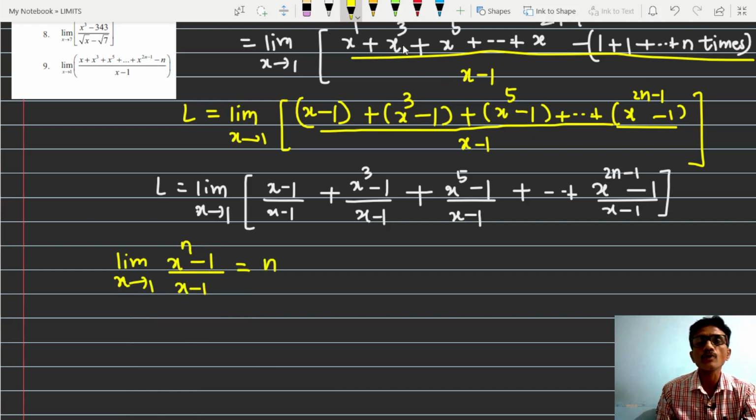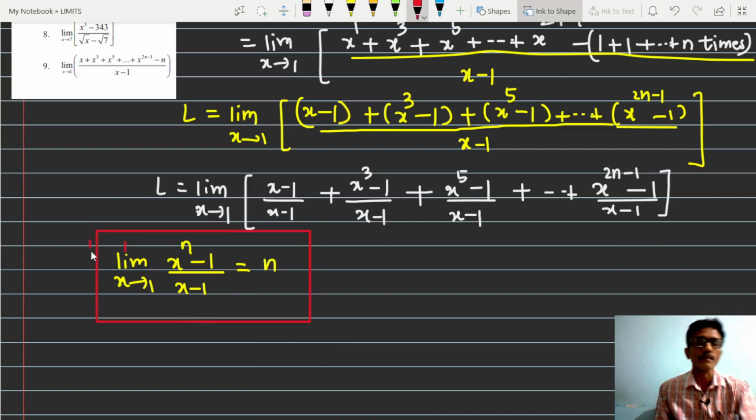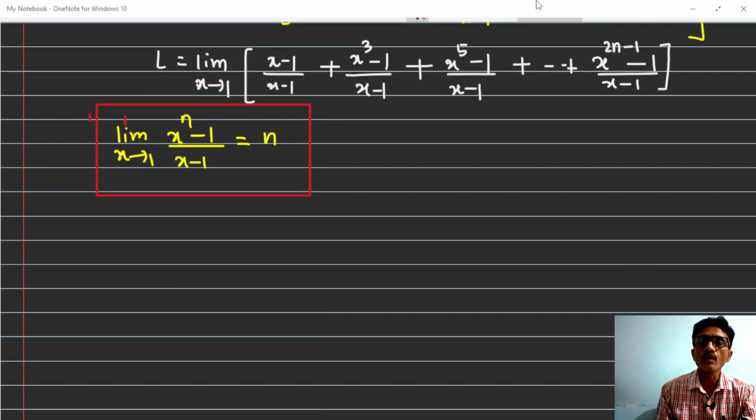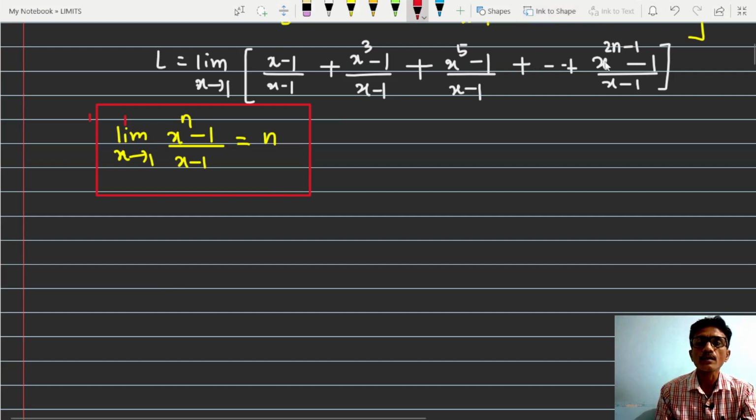N. So always keep in mind this limit. यहाँ पर we apply the same result over here. यहाँ पर n क्या है? 5 है, यहाँ पर n 2n माइनस 1 है, यहाँ पर n 3 है, यहाँ पर n 1.